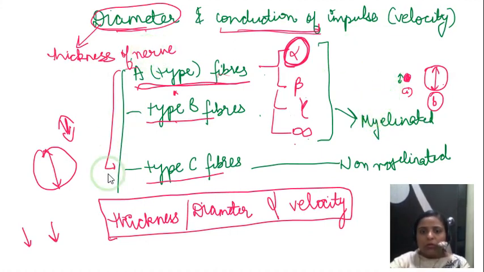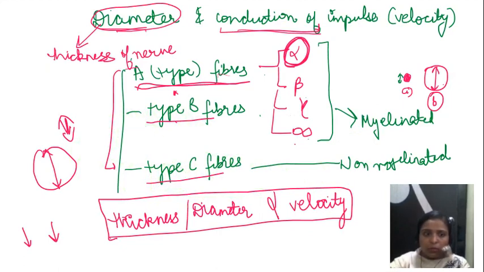So we have three fibers, type A, B, and C, and the type A fibers are again classified into alpha, beta, gamma, and delta. Type A alpha fiber has the largest thickness, so the conduction would be higher. Type A and type B fibers are myelinated fibers, and the type C fiber is a non-myelinated nerve fiber.